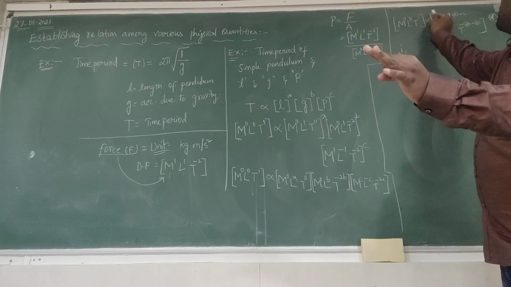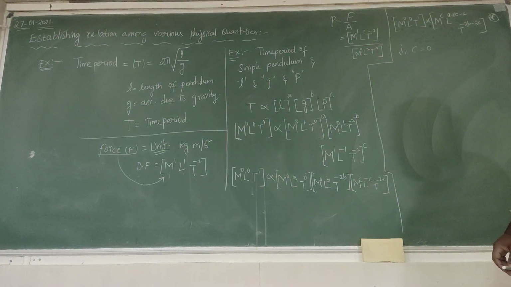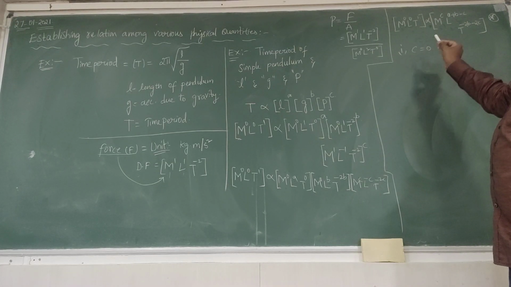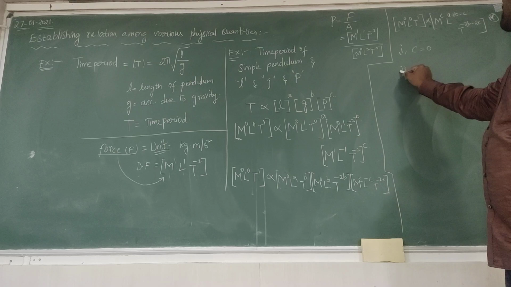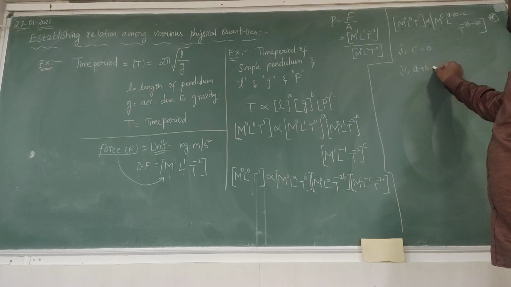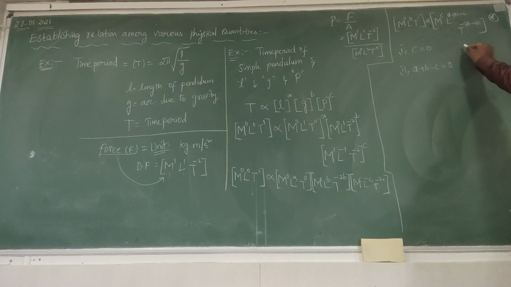First one is c equals to 0. On equating the powers on either side, you will get first equation c equals to 0. Second equation a plus b minus c equals to 0. And third equation minus 2b minus 2c equals to 1.